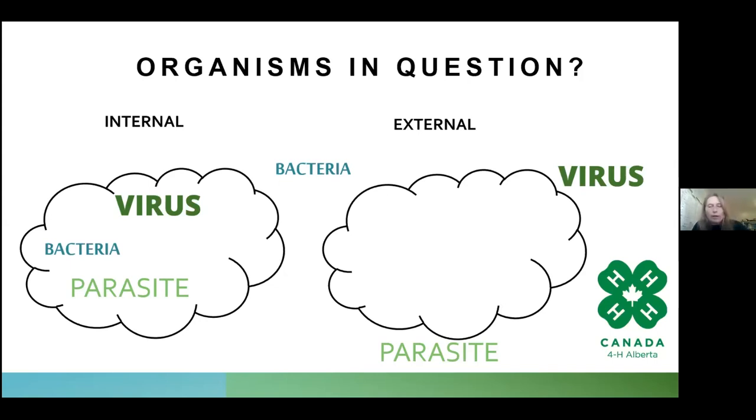If it attacks the outside of the animal, we're going to call it an external parasite, virus, or bacteria. For the most part, you'll hear that term as an external parasite or an internal parasite, just meaning here's my fluffy sheep, it affects the inside; here's my fluffy sheep, I see the disease on the outside.